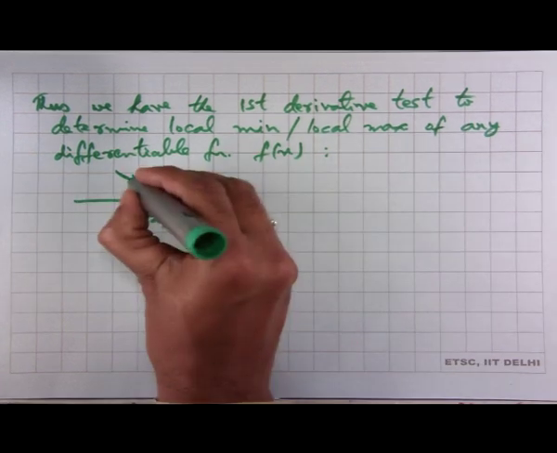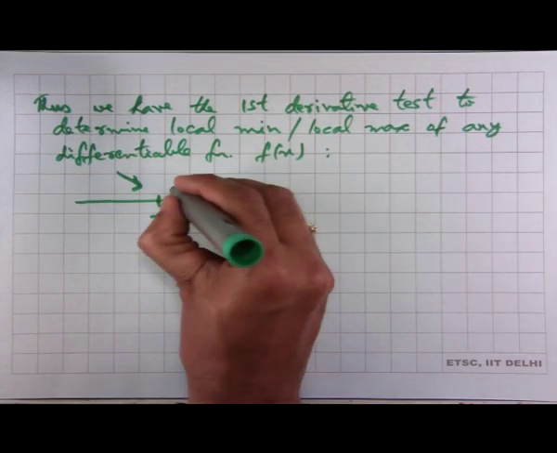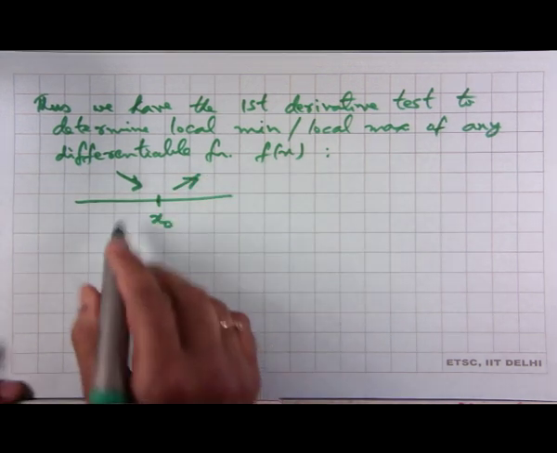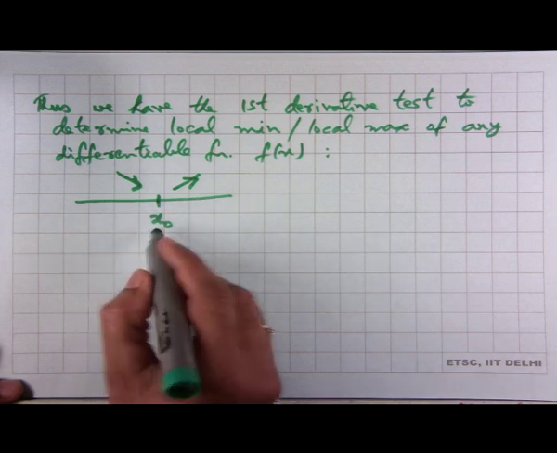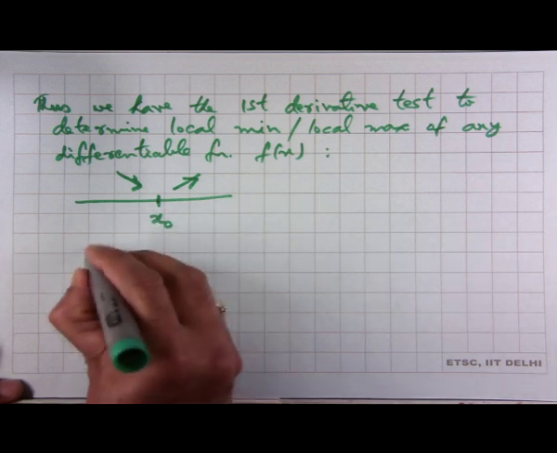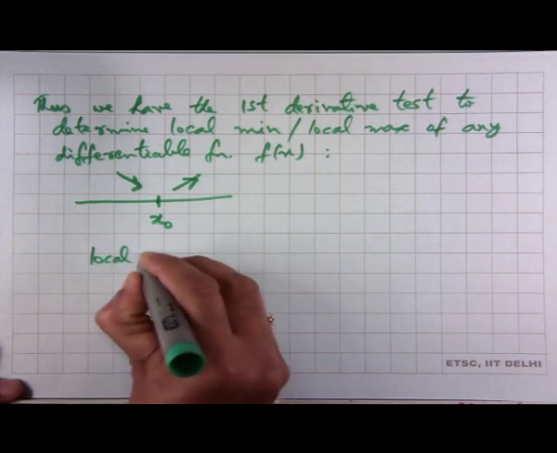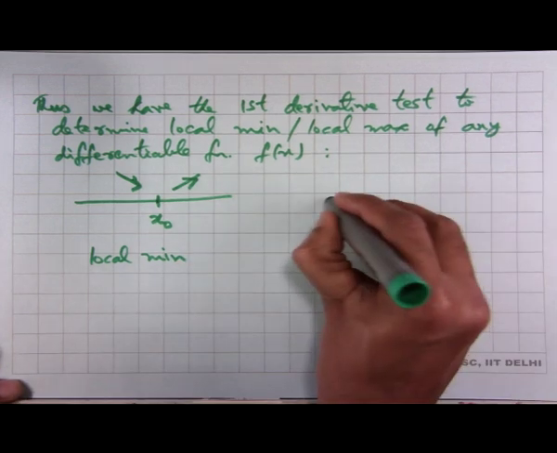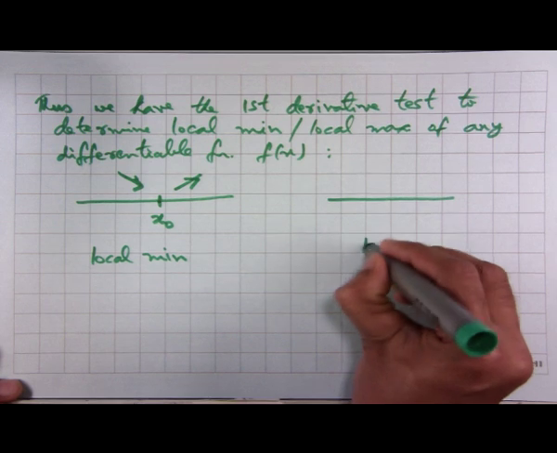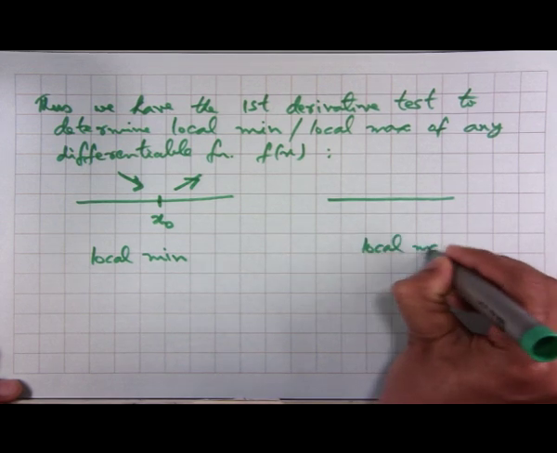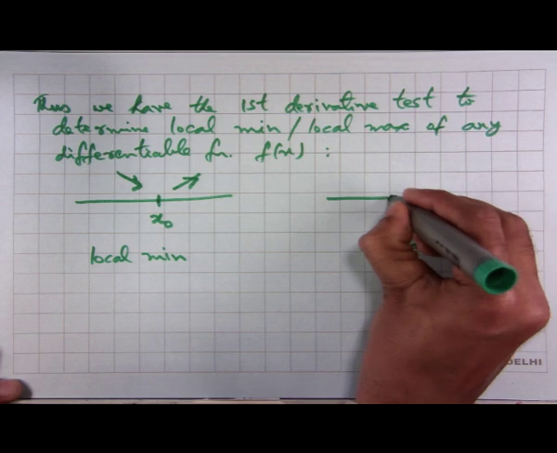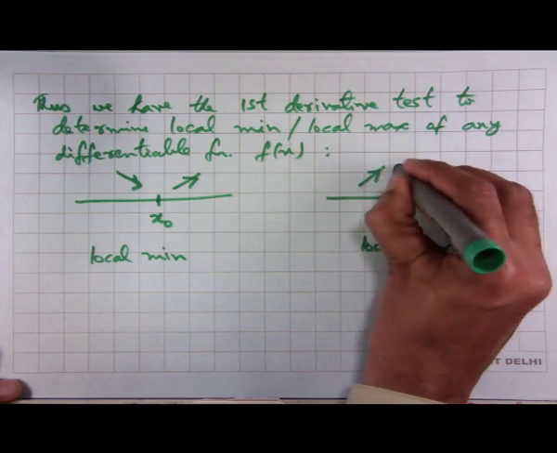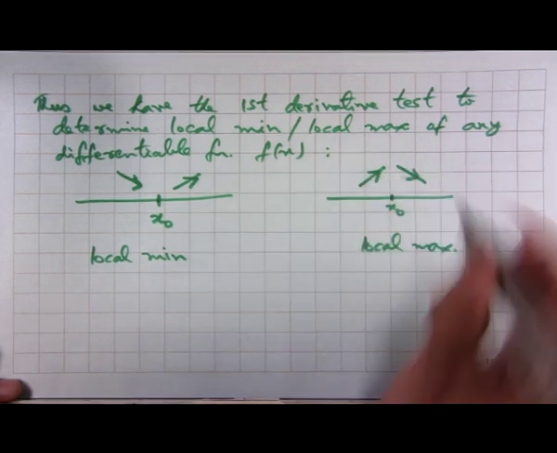So, this we denote like this: this is decreasing here and increasing to the right of x naught, then this is local min, and for local max we must have the function increasing to the left and decreasing to the right.